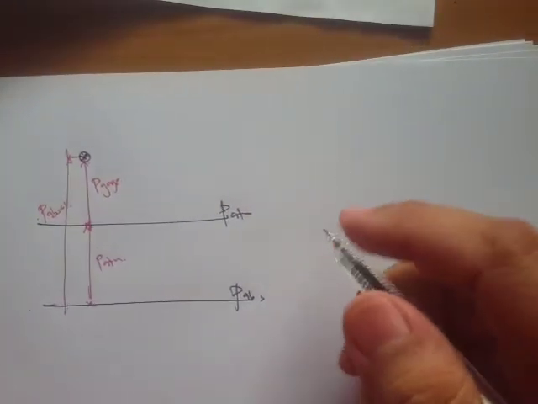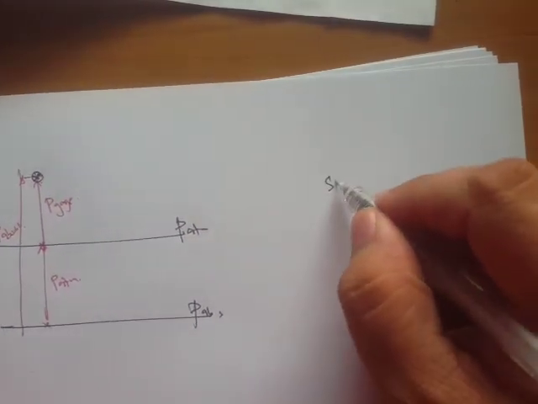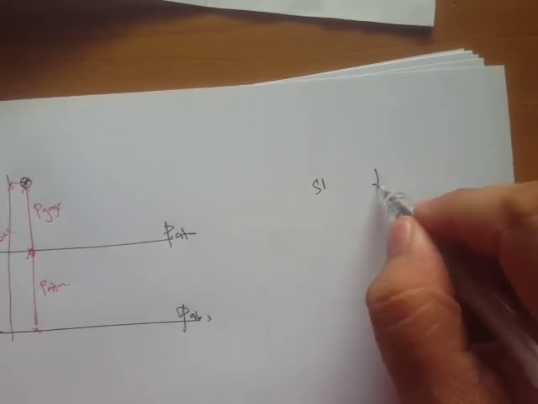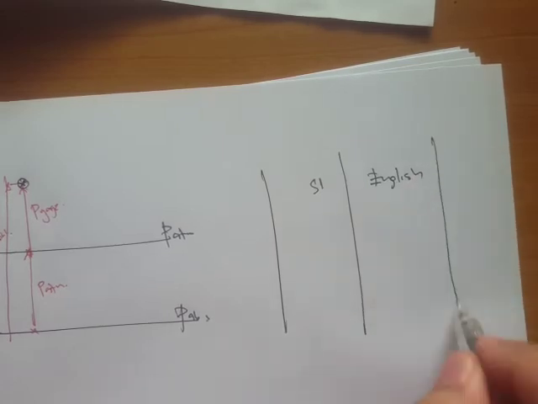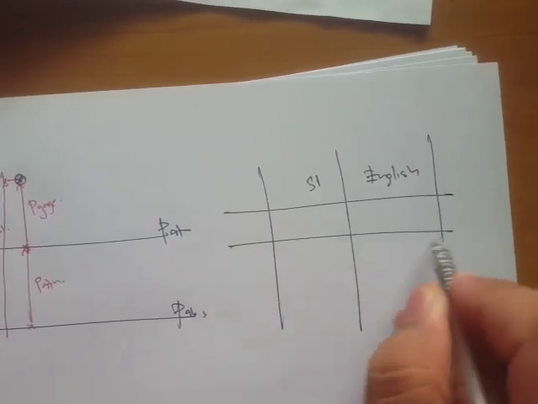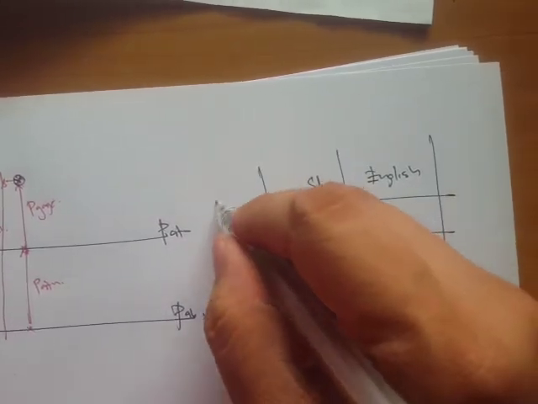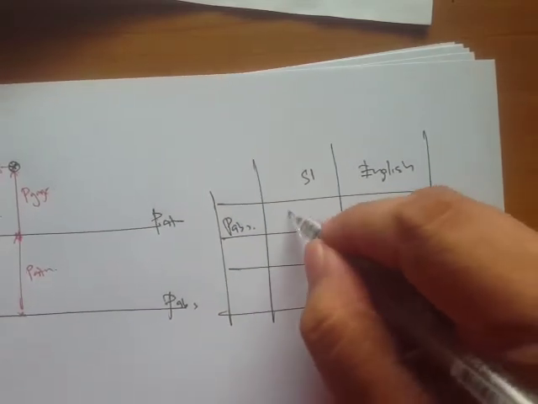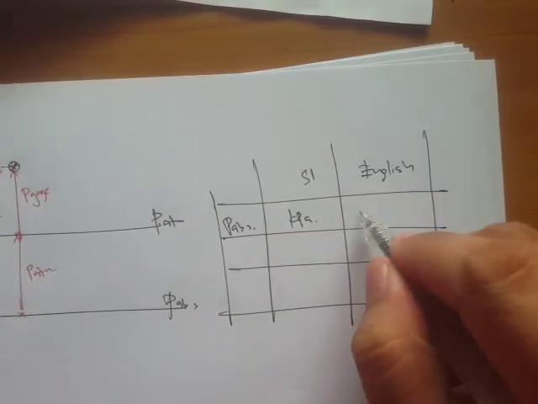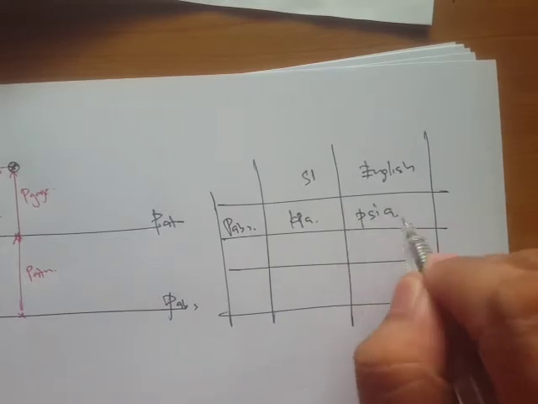Okay, so now let's tabulate it. We have the SI units and the English units. For P abs, our SI unit is kPa, but here we have psia.